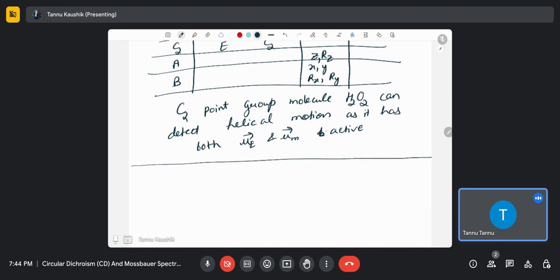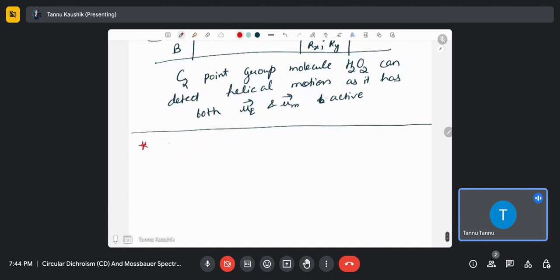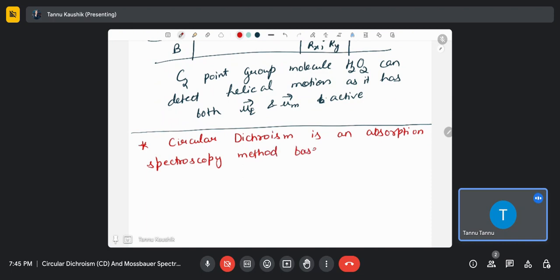So if we summarize today's lecture, we can say that circular dichroism is an absorption spectroscopy method based on the differential absorption of left and right circularly polarized light.